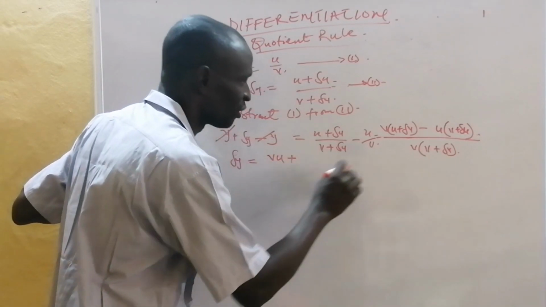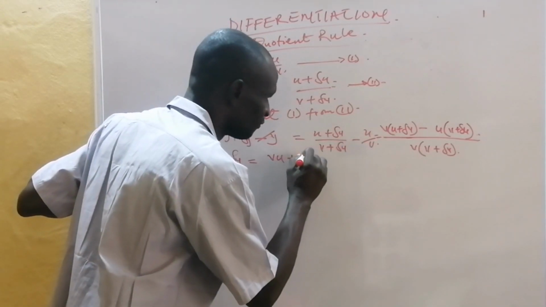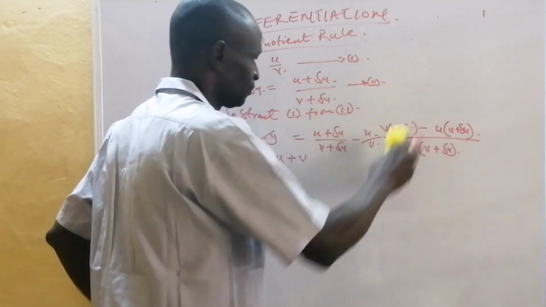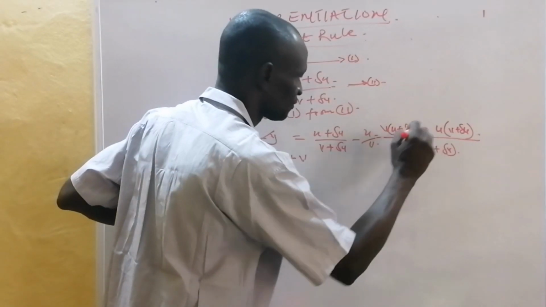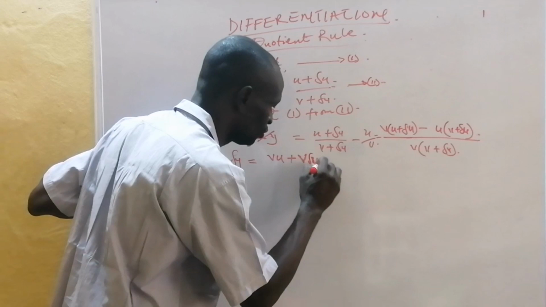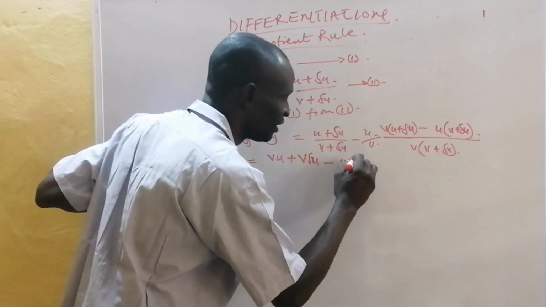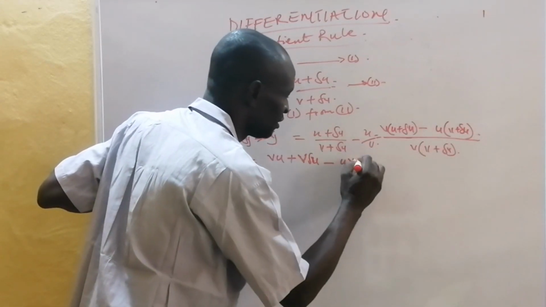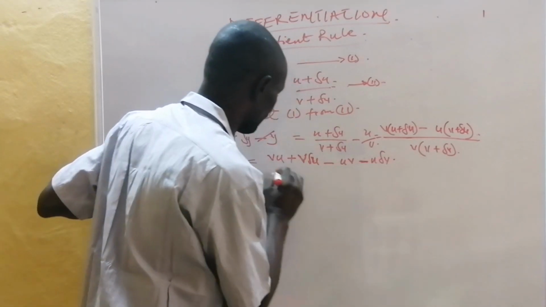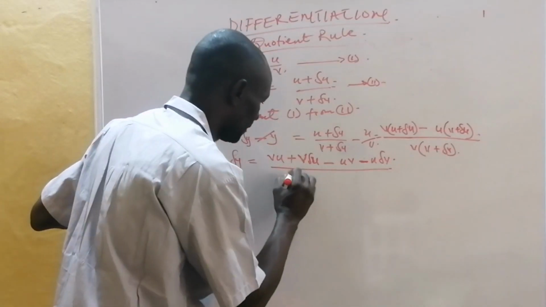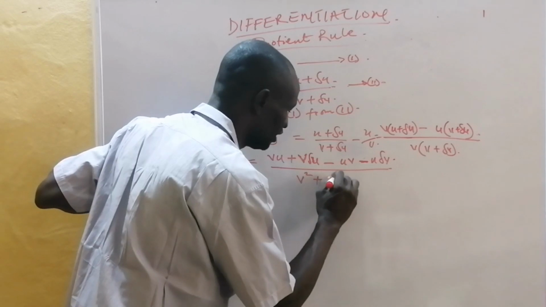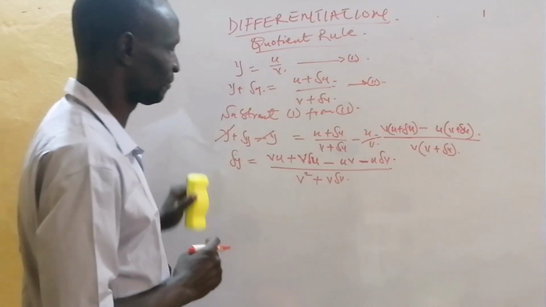vu plus v change in u. Let me be careful here. v change in u minus uv, that's u times v, minus u and a change in v, all over, let's open this bracket, v squared plus v and a change in v.